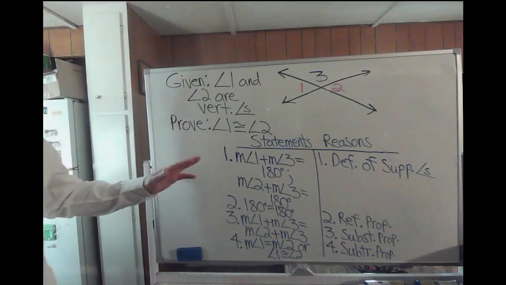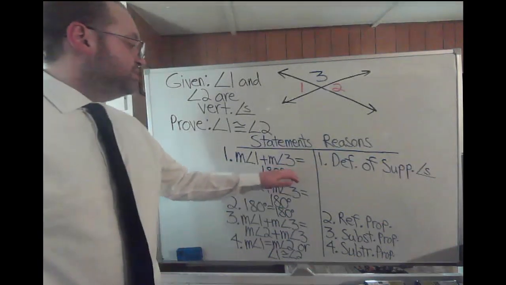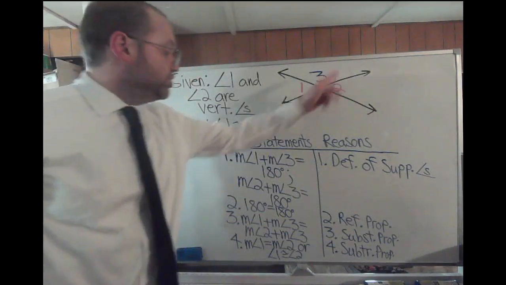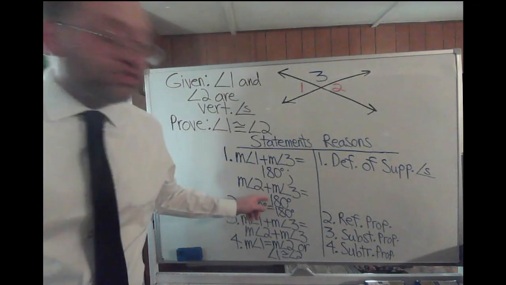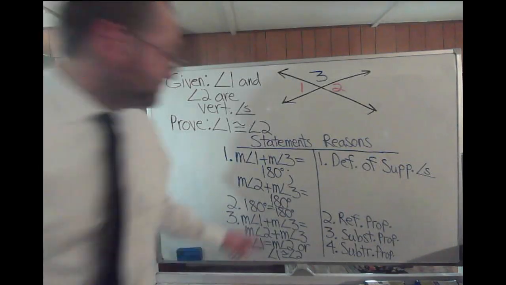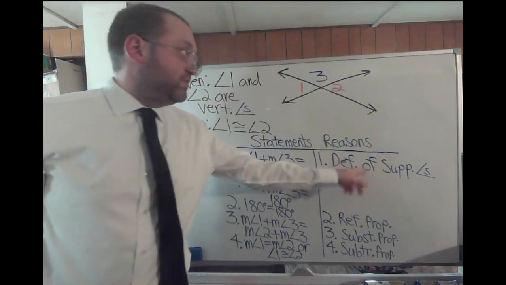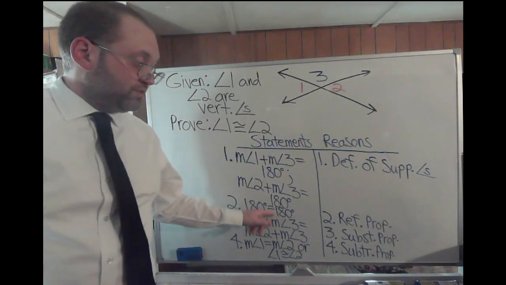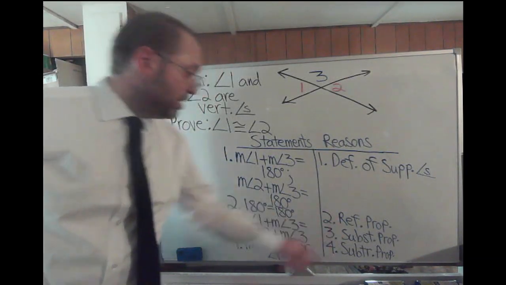But we started with the measure of angle 1 plus the measure of angle 3 equals 180 degrees, and same with the measure of angle 2 plus the measure of angle 3 being equal to 180 degrees by the definition of supplementary angles. Then 180 degrees equals 180 degrees by the reflexive property.